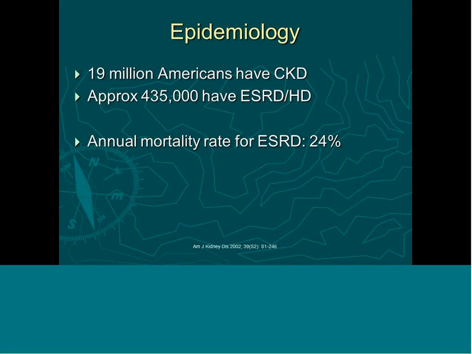So the epidemiology: in the United States, 9 million Americans have chronic kidney disease, and in Pakistan, there is high prevalence of chronic kidney disease. Unfortunately, it has not been diagnosed. We have approximately 500,000 patients on maintenance hemodialysis.